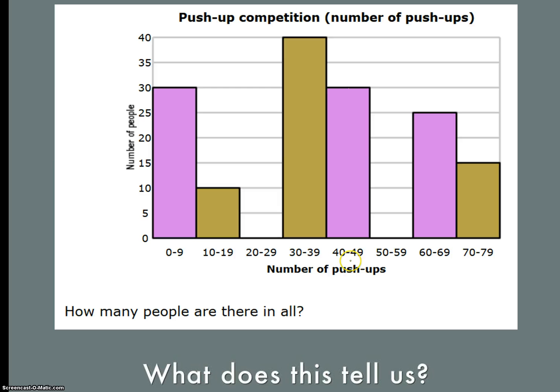So you could figure out how many people there are in all by writing down, okay, that's 30 plus 10. So that gets us up to 40 now. We're at another 40 to be at 80, plus 30 more, plus 25 more, and 15 more. So out of this, there were 150 participants, and you can see where you rank.